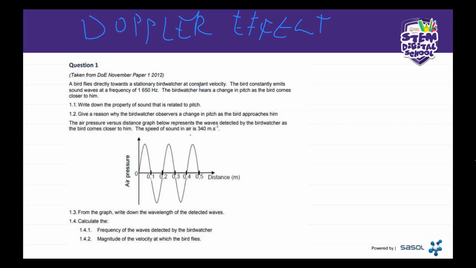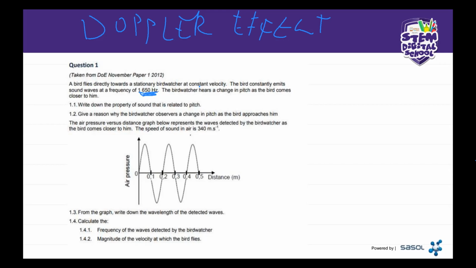What is moving is the source of the sound. The source is the bird that is chirping, and it's coming directly towards the person standing. The bird is flying at a constant velocity, so it constantly emits sound waves at a frequency of 1650.